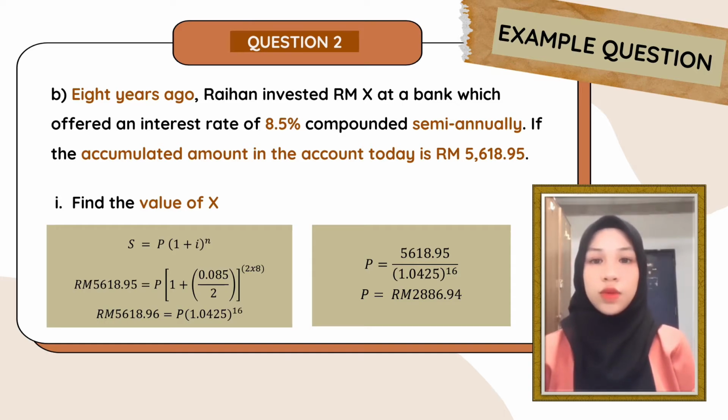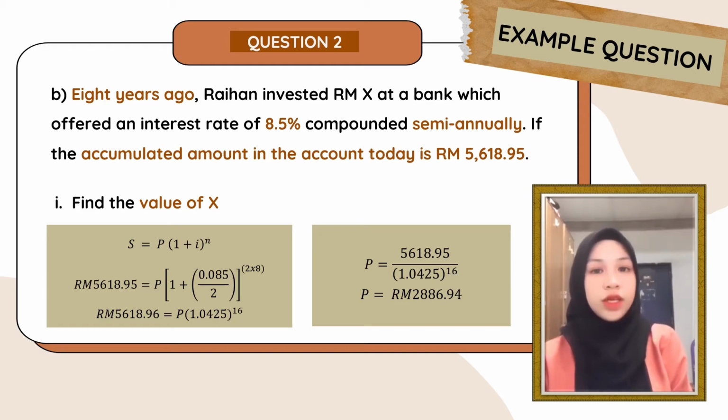For example, question 2b. 8 years ago, Raihan invested RMX at the bank, which offered an interest rate of 8.5% compounded semi-annually. If the accumulated amount in the account today is RM5,618.95. Question 1.